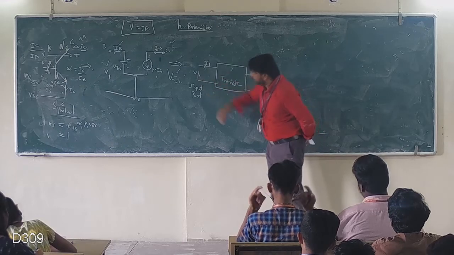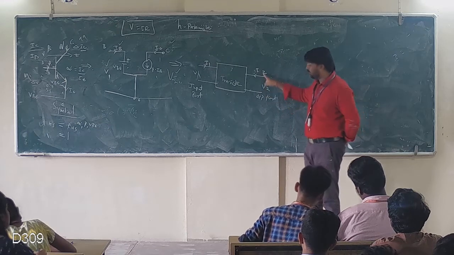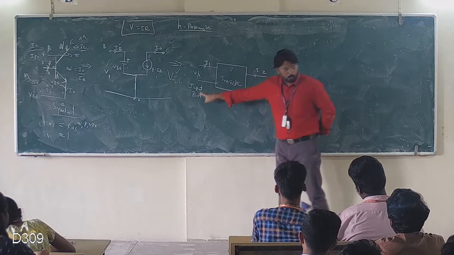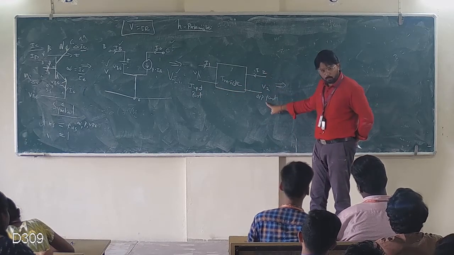Now the mathematical model, what is this? V1. What is this? I1. What is this? V2. What is this? I2. V1, I1 are input port parameters. V2, I2 are output parameters.